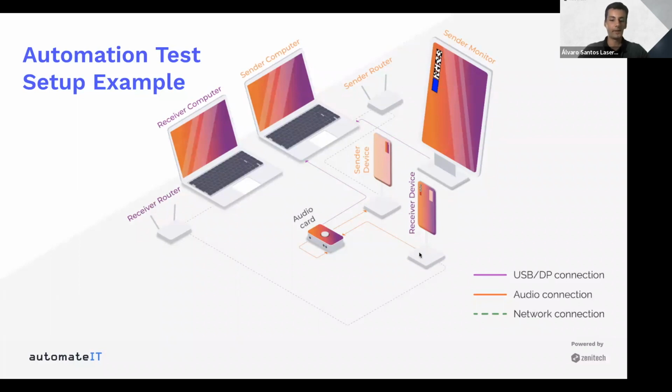Then the receiver device will have degraded audio because of the network conditions, because of the application, because of the way things are set, which are tightly controlled by our automation setup. These degradations are passed to the audio card so that we can record both the original audio and the degraded audio in sync.